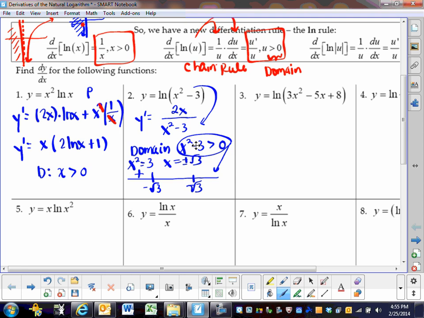If we test the number line with negative root 3 and root 3, we would have positive, negative between these two numbers, and positive again. So our domain is actually restricted to negative infinity to negative root 3, and root 3 to infinity.